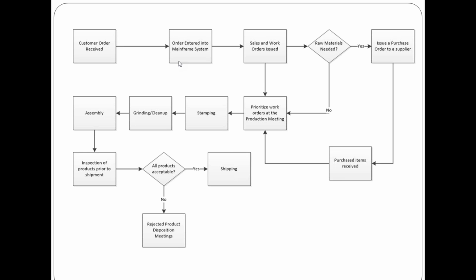Order entered into mainframe system, is that a process? Do each of these processes have measures of effectiveness? Do each of these processes have controls associated with them? And so forth. So we would have some serious concerns about this as a reflection of what the processes are for this organization.